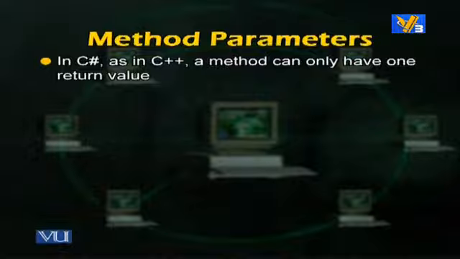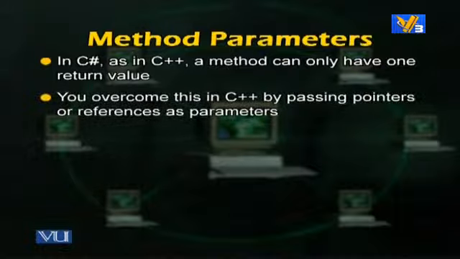So in C sharp, as in C++, a method can only have one return value. In order to overcome this in C++, we pass pointers of the variables in the methods, or reference variables as parameters. With value types that we have in C sharp, this does not work because we cannot do that.